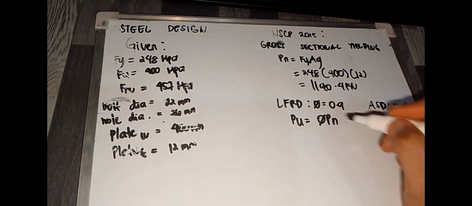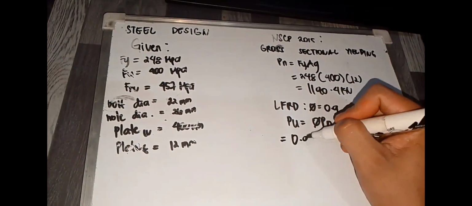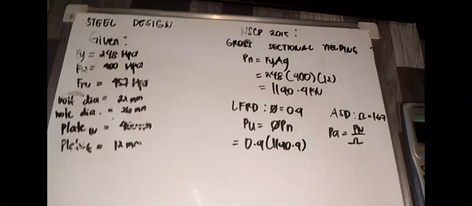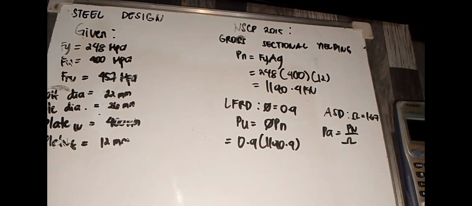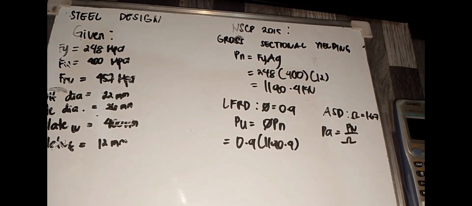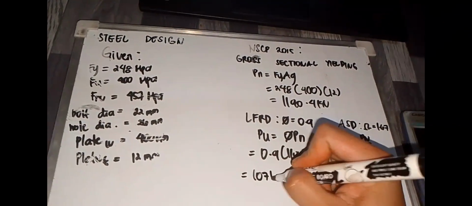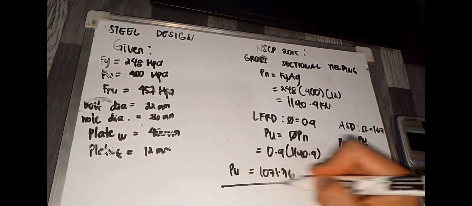First we must find Pu: substitute 0.9 times 1190.4, so 1071.36 is our Pu.